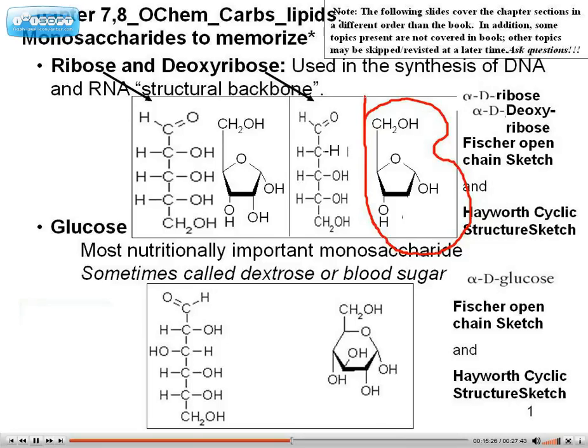For example, deoxyribose is used all the time in creating the backbone of your DNA molecule. So everything is deoxyribose, so that way the enzymes don't munch up your sugar units, destroying the backbone and therefore the genetic material inside your cell. So, I've beat that to death. Let's move on to glucose.